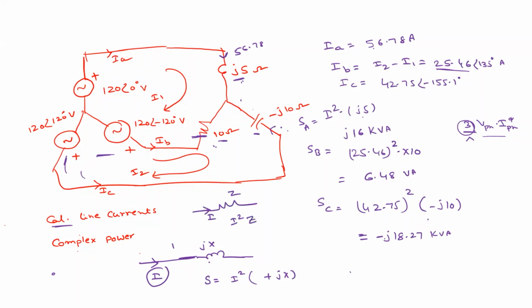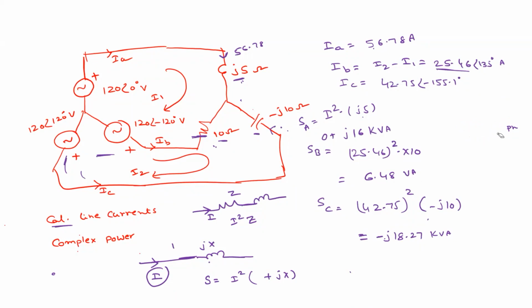If only resistance, it will be your active power. If it is Z, that means the current is in complex form. If you multiply, what is its meaning? Its meaning is 0 plus J16 kVA. Agree? So why 0 here?